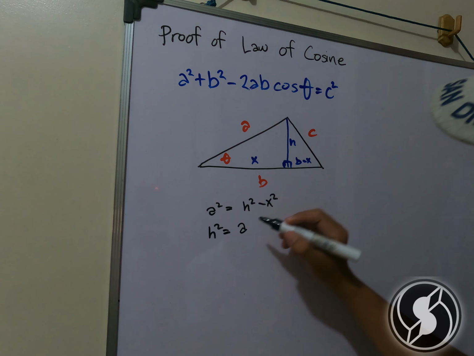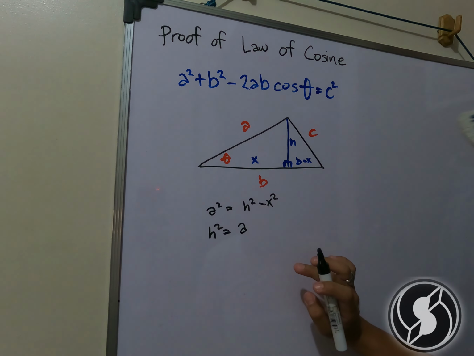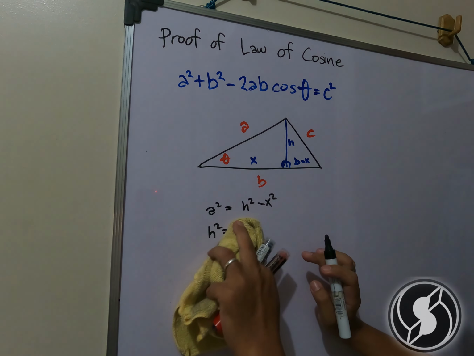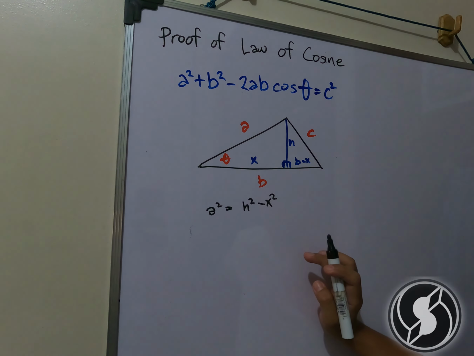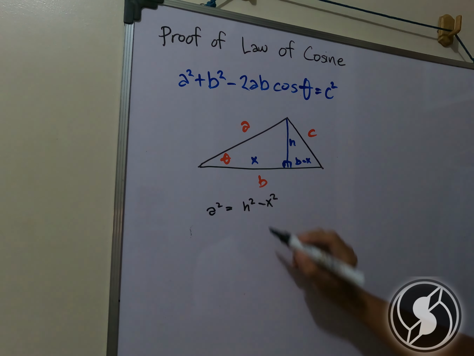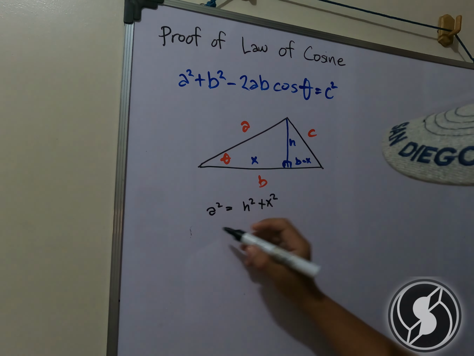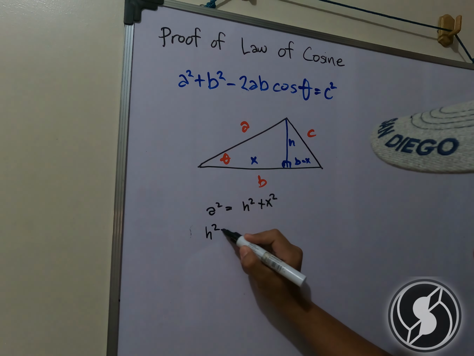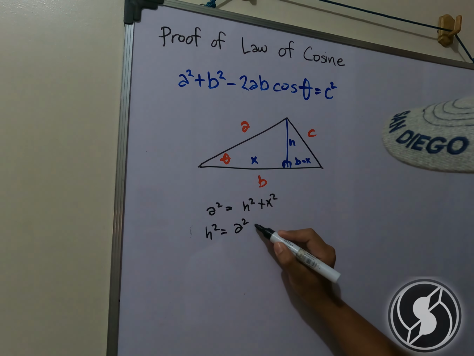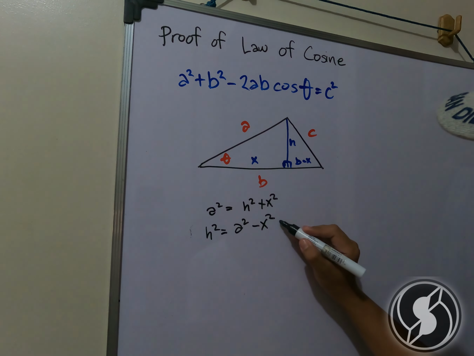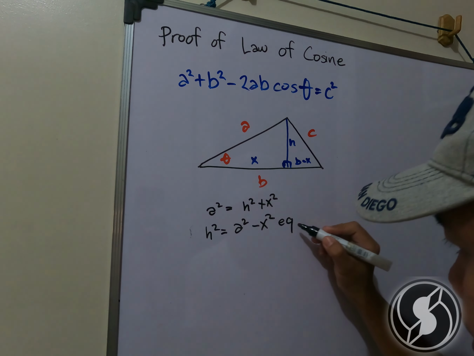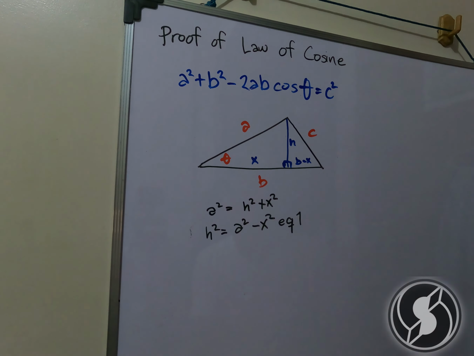From our right triangle, we now have a squared is equal to h squared plus x squared. So solving, h squared is equal to a squared minus x squared. So this will be our equation 1.